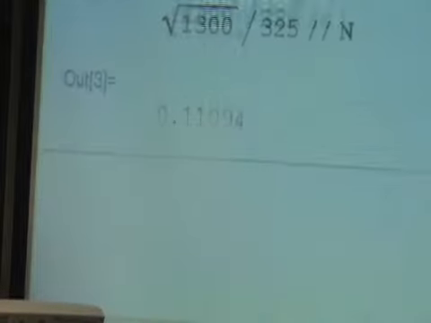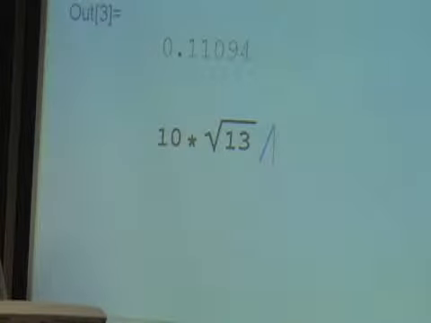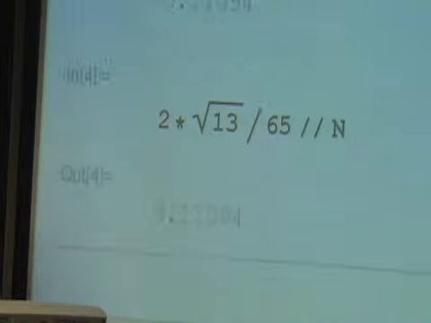And this other form of it, 10 times square root of 13 divided by 325. I guess I could simplify that even further, divide top and bottom by 5. I'll do that on Mathematica. I get a 2 on the top and divide the bottom by 5, I would get 65. So that's another way to write it, and you can see it is the same number.